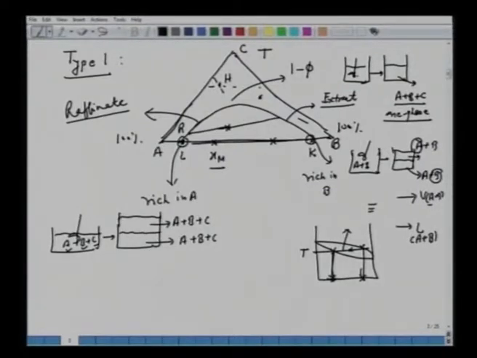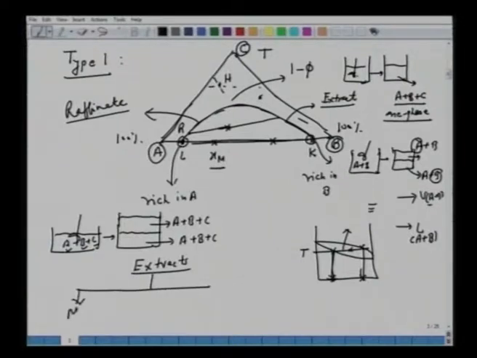Let's try to understand the meaning of this. A we are using as a feed, C is a solute, and B is a solvent. Take any mixture of A plus B plus C anywhere within this region and stir it. So extraction always consists of two steps: one is mixing and one is settling.